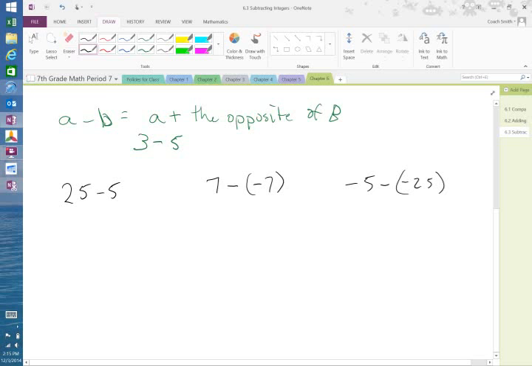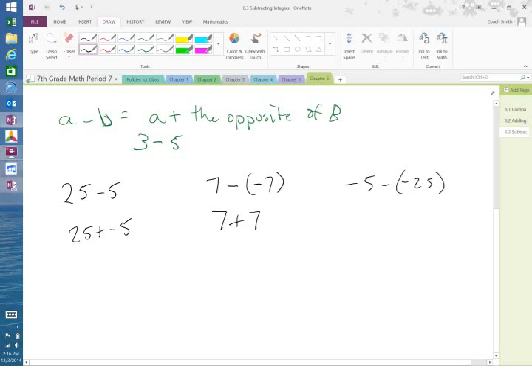First thing we have to do is change them to addition. So 25 minus 5. If I change that to addition, what is that going to be, Brandon? 25 plus -5. Yes. Now, if I change 7 minus -7, Tayshawn, what is it going to be? 7 plus 7.